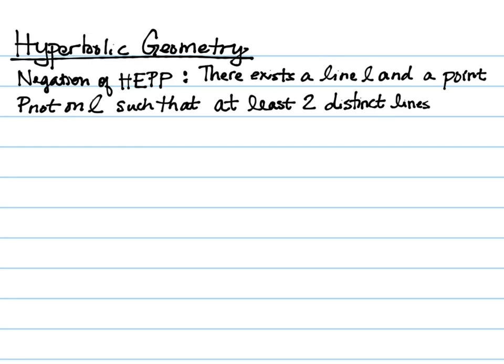What's the whole kicker here? Back over here it said at most one line M through P such that M is parallel to L. So that's still the whole point: I have more than one parallel line through the same point. So 2 distinct lines parallel to L passing through P.